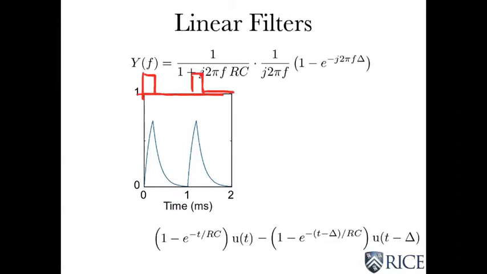Well, I can think about this periodic pulse train as being a superposition of pulses delayed. Okay. So that means I can think of the output as being the superposition of these outputs.